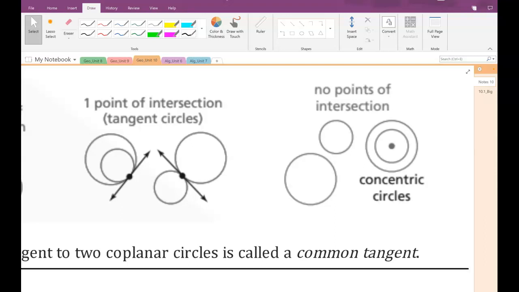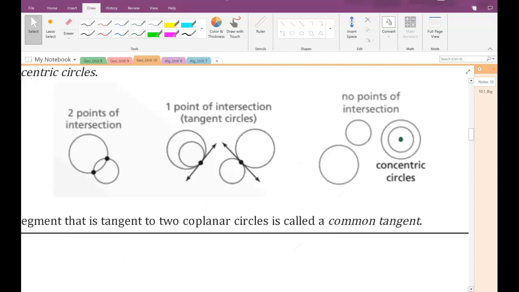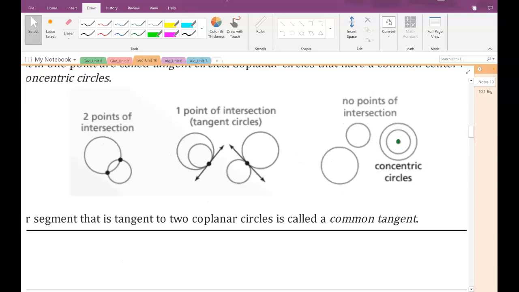Con meaning together, centric meaning like your center. So the centers of your circles are together, because they share this common center.